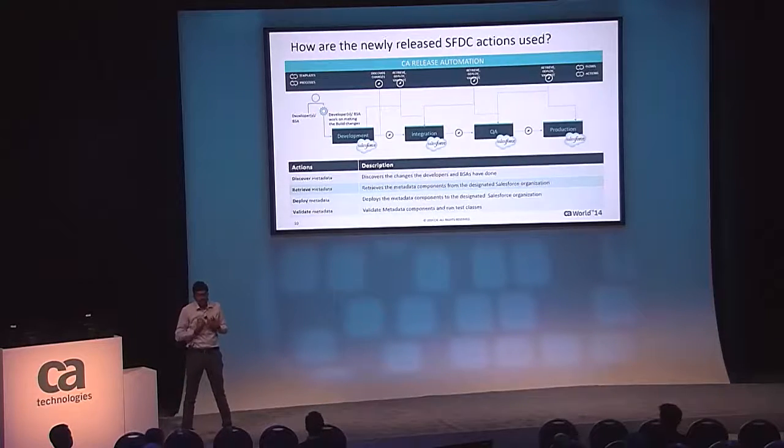So as a developer or a BSA, when I am making a change for a release, we can automatically discover what changes are being made. That way I don't have to go in and say, okay, these are the different things that I touched for this particular release, and I'm going to check this in. Whether it is using the change set or your check-in process, there is a manual intervention, because somebody has to go and tell that this is the change I did and please include this.